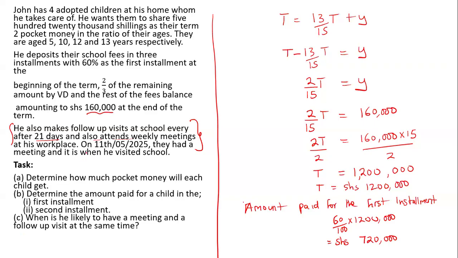So I'm going to say weekly meetings. Now, weekly meetings, you know that in a week, we have 7 days. So those are 7 days. Now, when does he attend follow-up meetings? From the question, they told us follow-up visits at school every after 21 days.